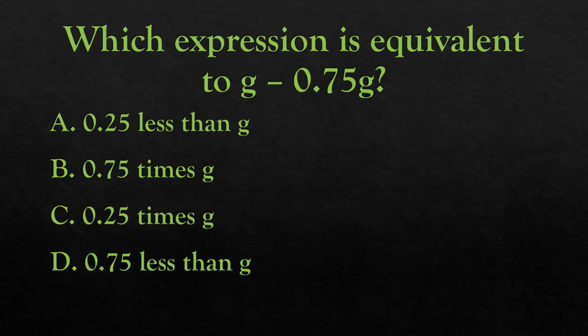Okay, for this next question, it says, which expression is equivalent to g minus 0.75g? Ooh, they just give me one number? What's g? I don't see a number in front of g. Does that mean anything?